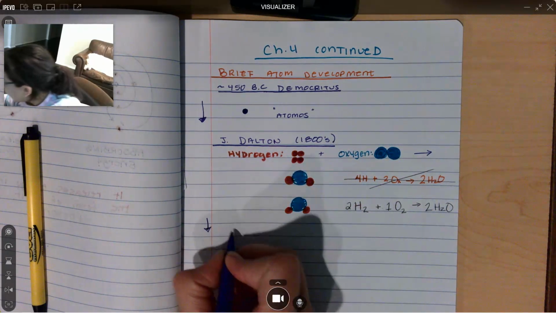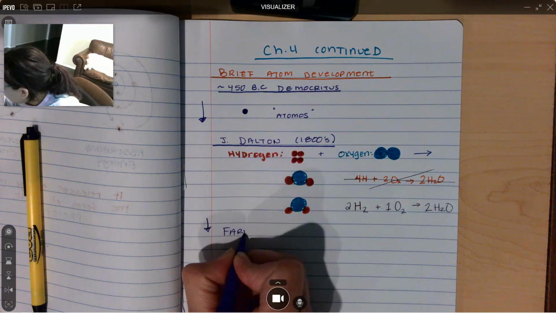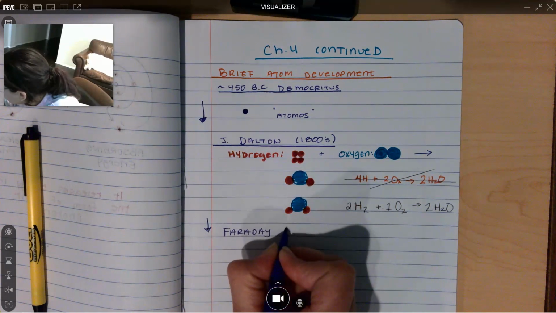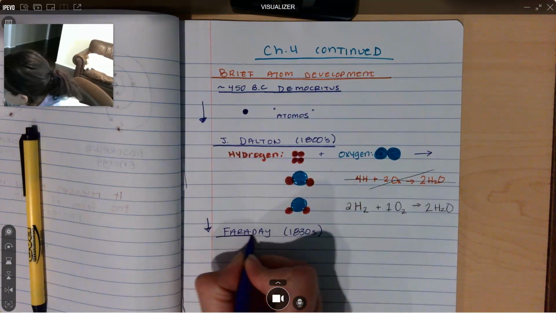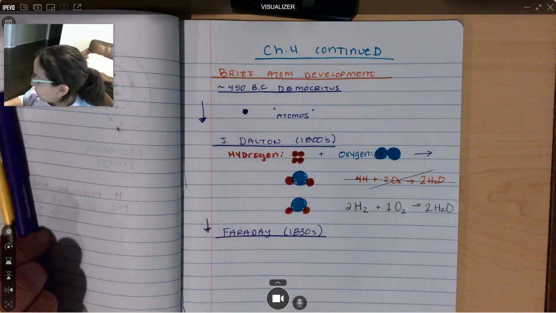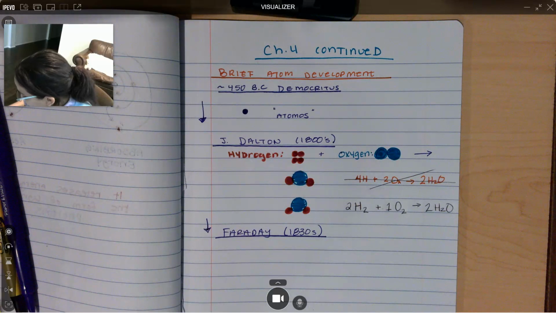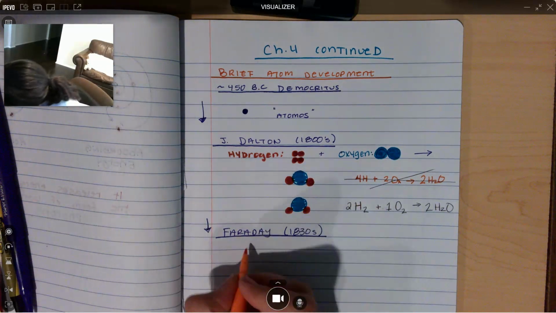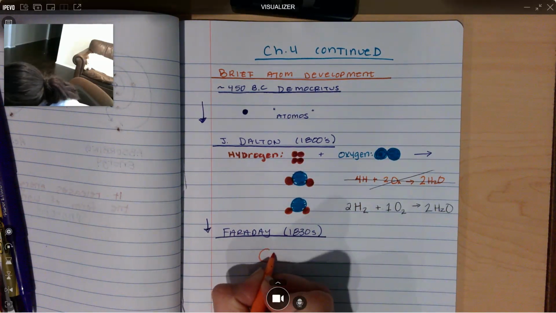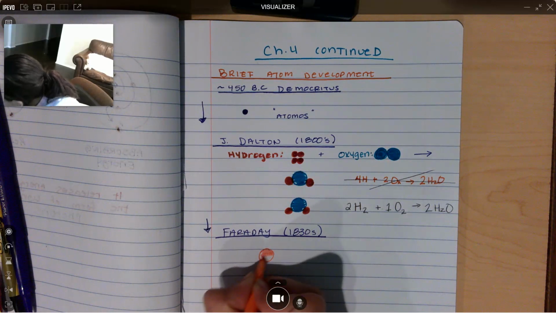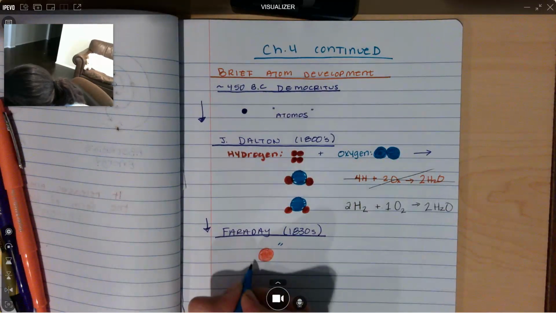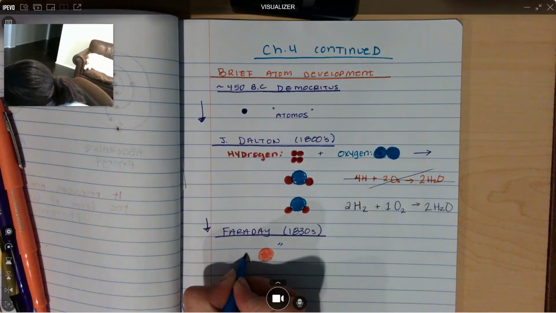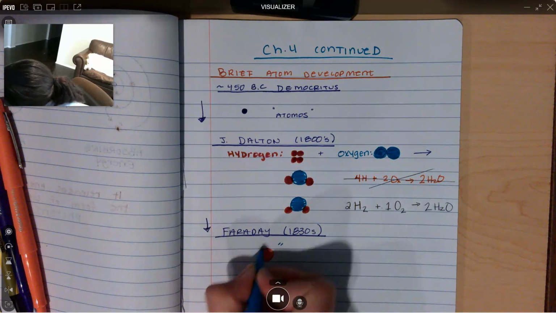We had Faraday, and he was around the 1830s, and he actually discovered that atoms have electricity. So basically, here's my atom, and he goes, I don't know how, but atoms have electrical charges.